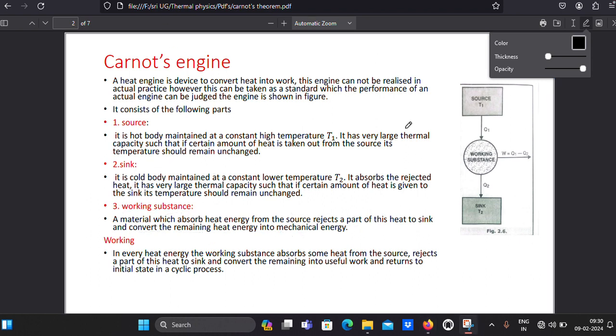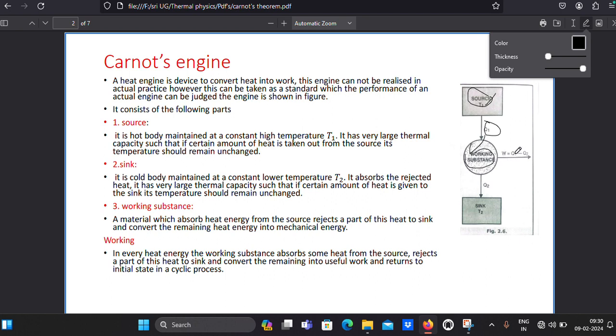According to the diagram, see here, it is the source. From the source at temperature T1, the working substance takes Q1 amount of heat energy. Part of this Q1 it converts into work, because it is a working substance.